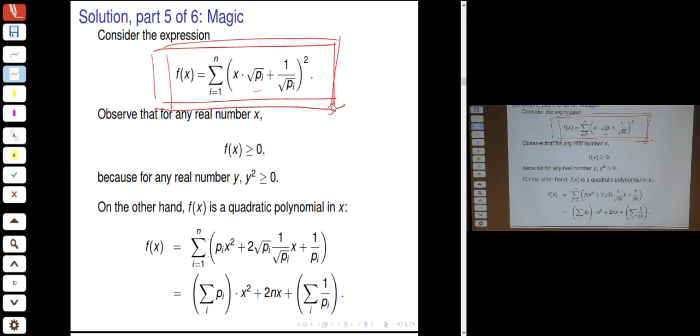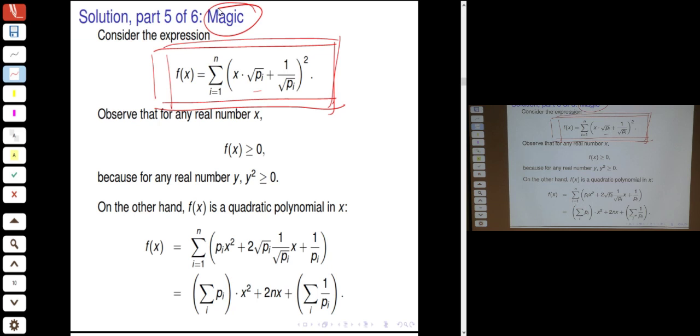Why I consider this expression will become clear in a minute when we see how useful it is. But suppose magically someone has come and told me this expression, and fittingly the title of this slide is magic. So, magically someone has come and in my dreams he has given me this expression.